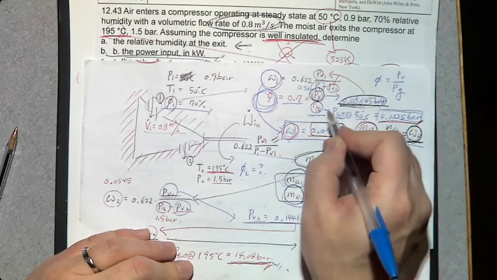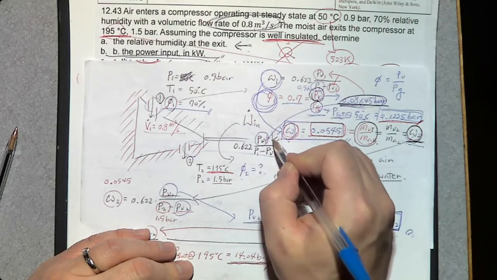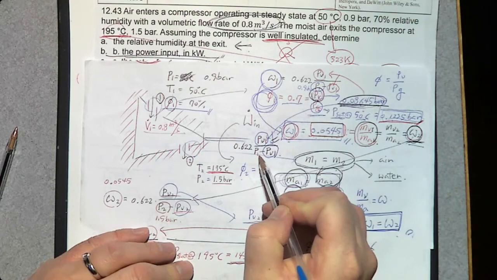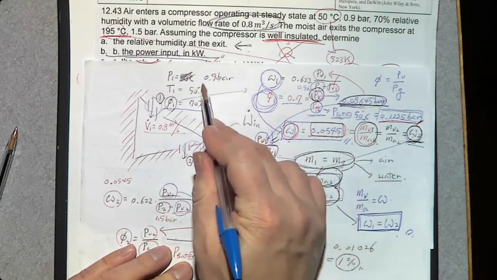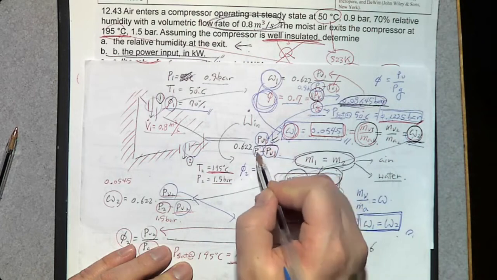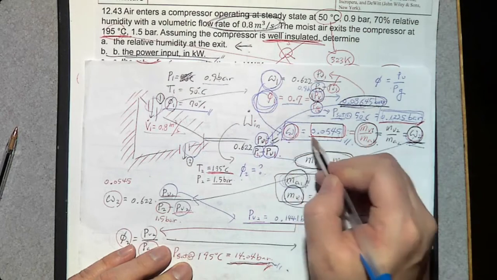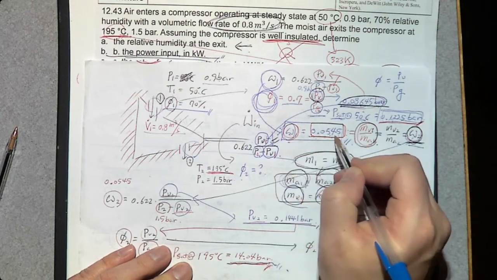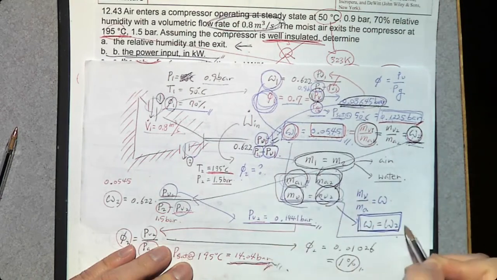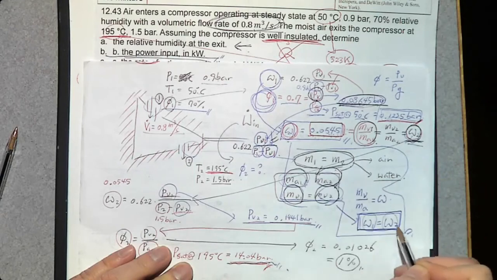By the way, P1 is the total pressure at the inlet, which is 0.9. So with all three values, we can determine omega, the humidity ratio, which is 0.0545.